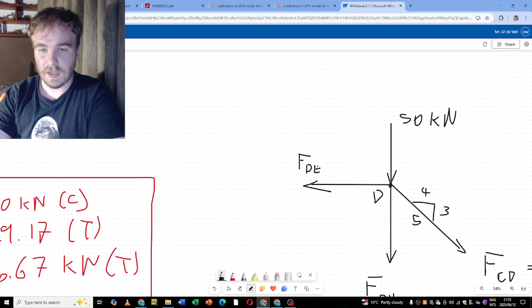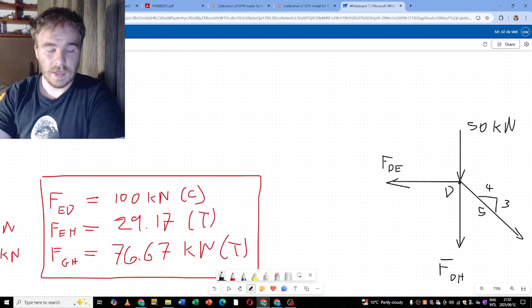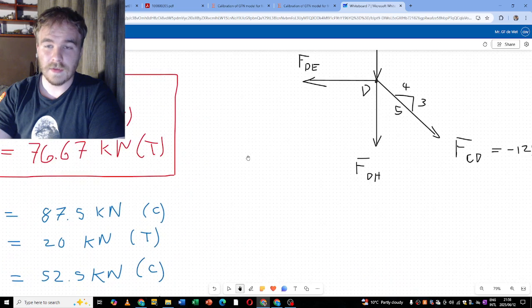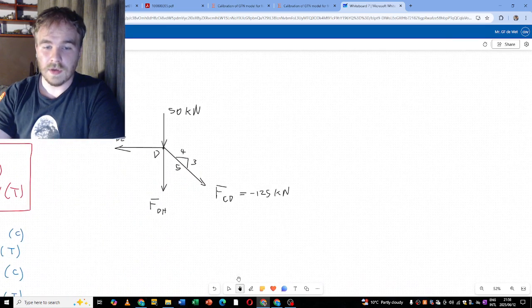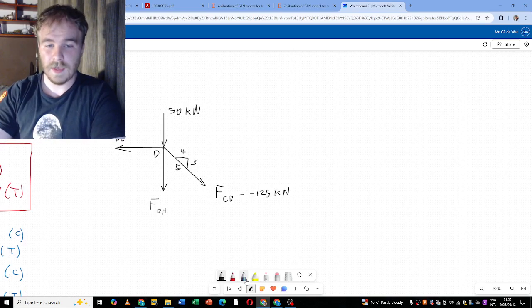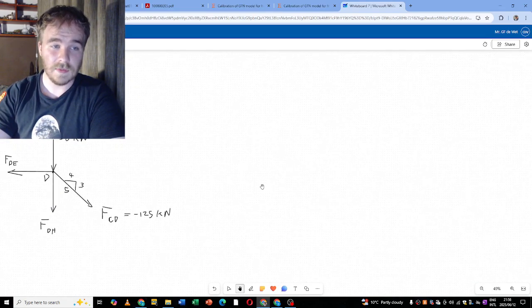Okay, FDE is one of the first values that we actually did calculate over here. So we're expecting 100 kilonewtons in compression. So if we get negative 100, then we should be fairly good to go. Then it would appear that we are on the right direction, because that's what we calculated previously.